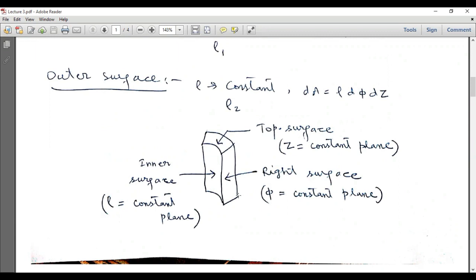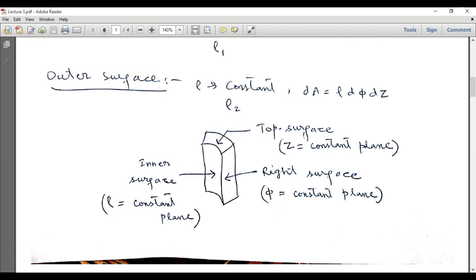If we take the example of a room, and draw a diagonal from one corner at the top to the other corner at the bottom, and that diagonal goes through the center of the room, then that will be the longest line. So here, if we draw a straight line from this point, the outer surface and top corner, up to this point, the inner surface and bottom corner, that straight line will have the maximum length.